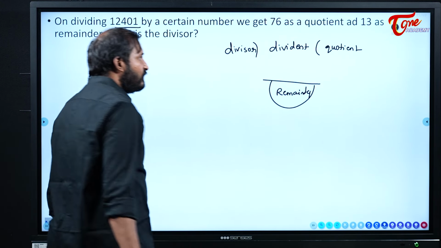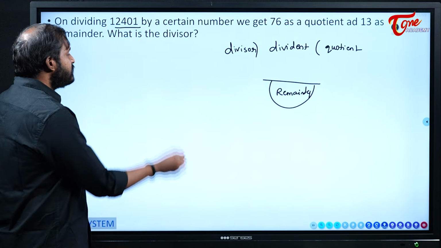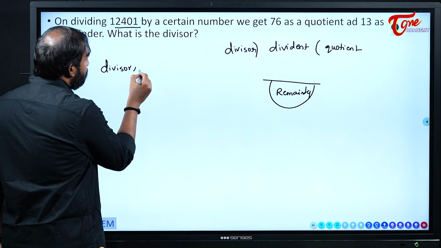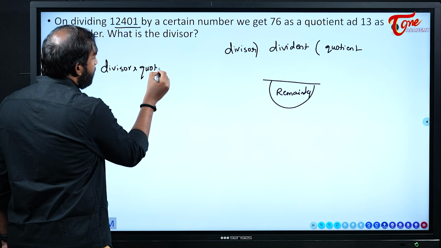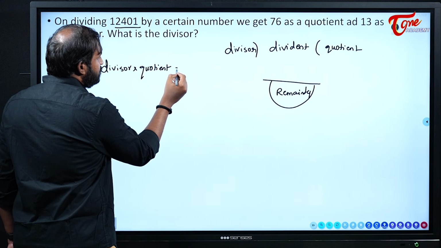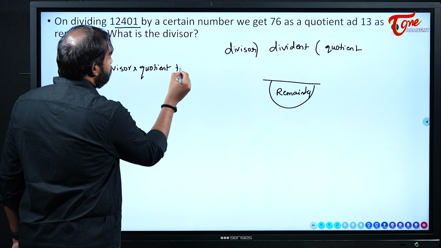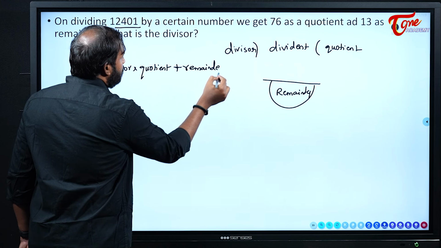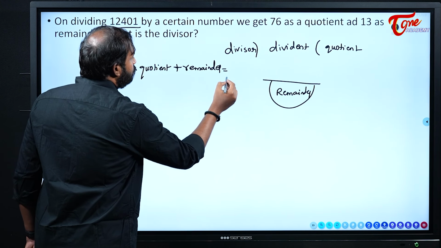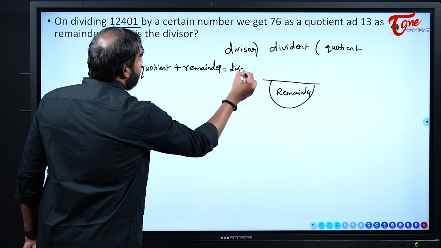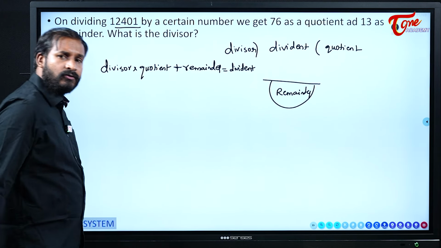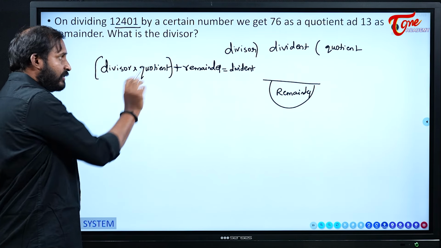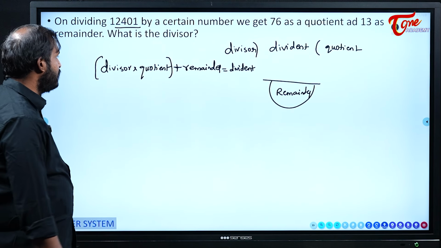What is the relation between these four things? Divisor into quotient plus remainder. This value will be equal to the dividend. So we will substitute those values in this case and we will simply get the answer.